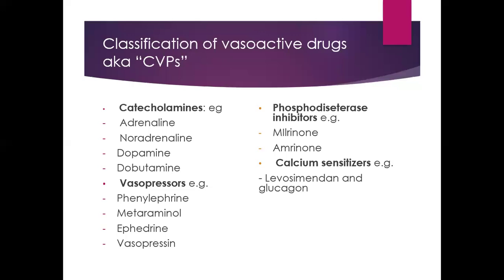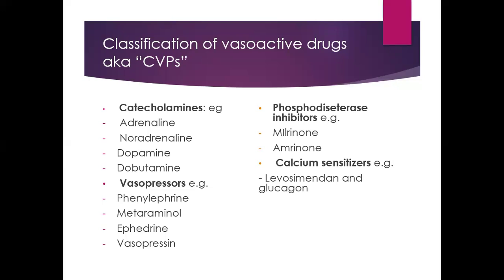All right, so let's go down now to our vasoactive drugs. Indeed, we have different types: the catecholamines, the vasopressors, phosphodiesterase inhibitors, and the calcium sensitizers. Under the catecholamines, we have adrenaline or epinephrine, noradrenaline, dopamine, and dobutamine.